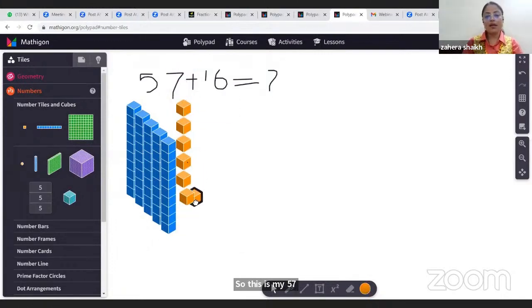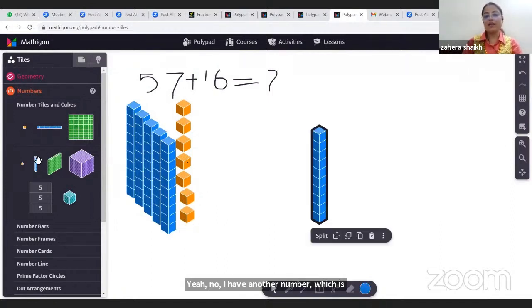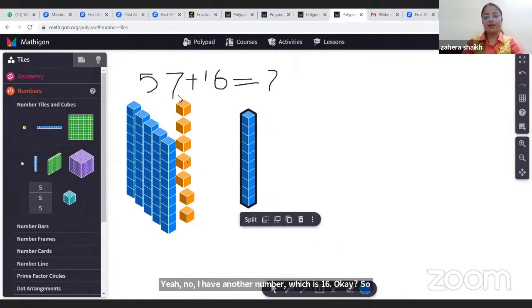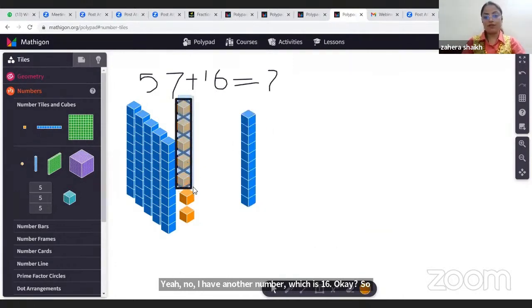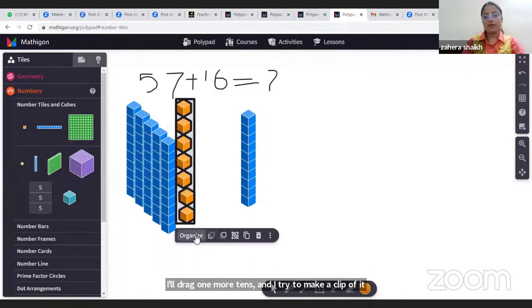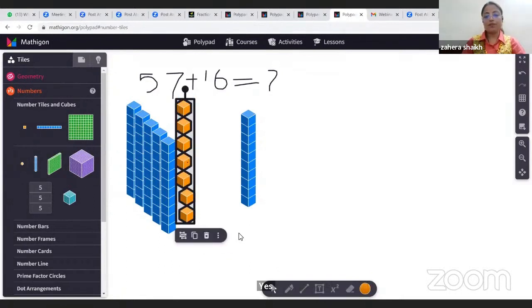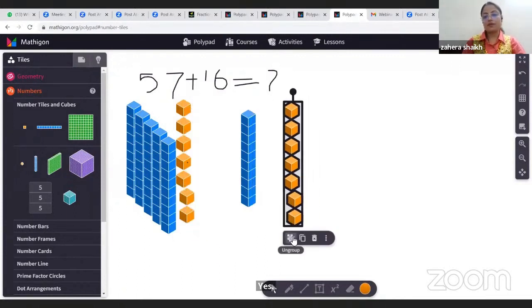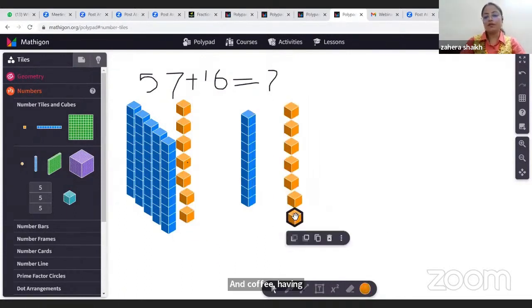And now I have another number which is 16. So I'll drag one more ten and make a group of it, drop and copy. And this is my 6.